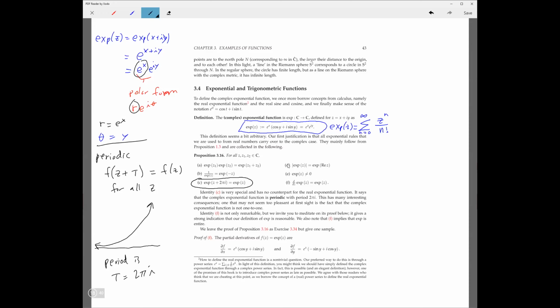The magnitude is actually the exponential of the real part, which you kind of know, the magnitude of this is going to be just the r part, which is e to the x, where x is the real part of z. So there's that, and then there's the periodic part.